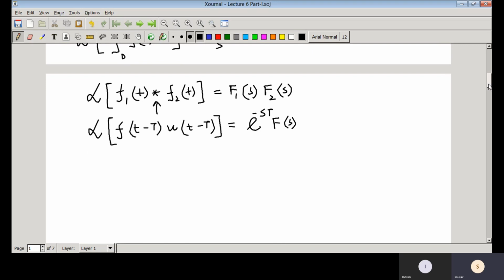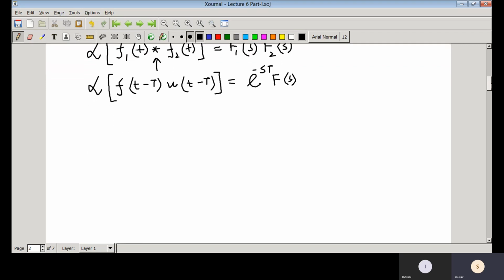And then one important theorem I am going to discuss is the initial value theorem. Again, you have studied it in your signals and networks course.